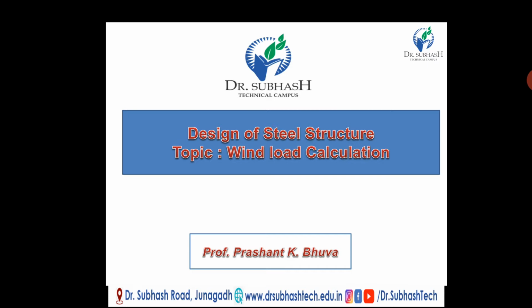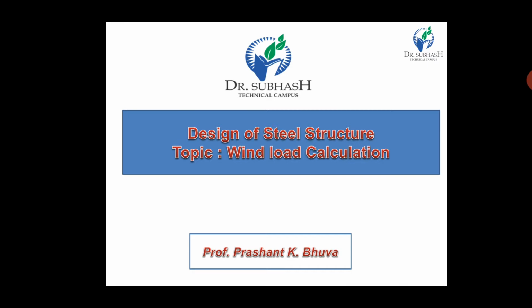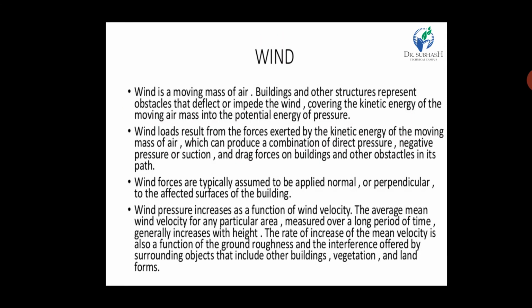So today in this video session, we will discuss the effect of wind load on buildings and how we calculate it with the codal provision of IS 875 Part 3. Wind is a moving mass of air. Buildings and other structures represent obstacles that deflect the wind, converting the kinetic energy of moving air mass into the potential energy of pressure.